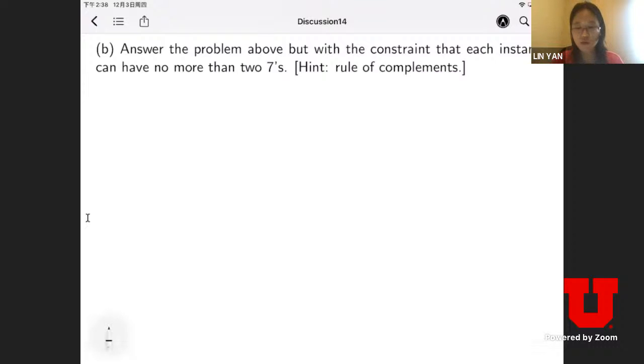We can use two ways to solve this problem. The first way is that we can use the number of all possible answers without constraint on 7.